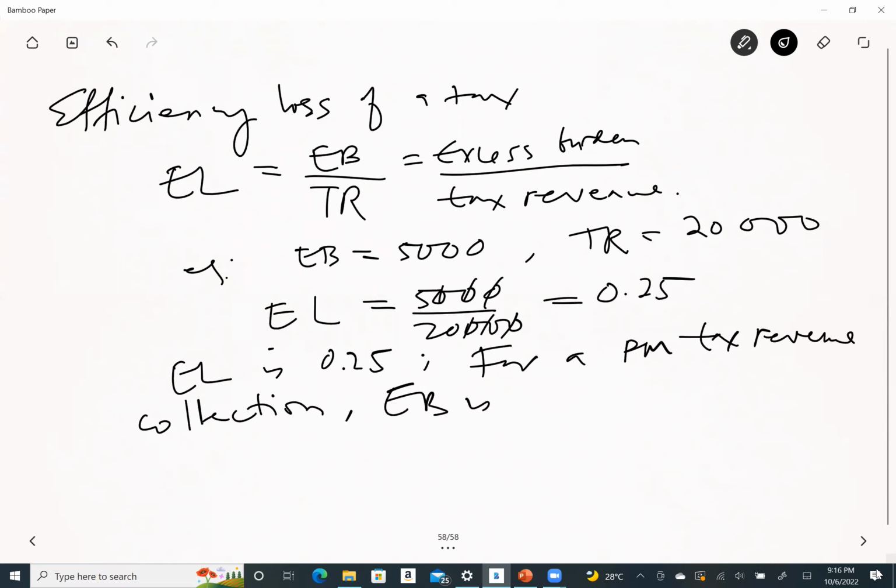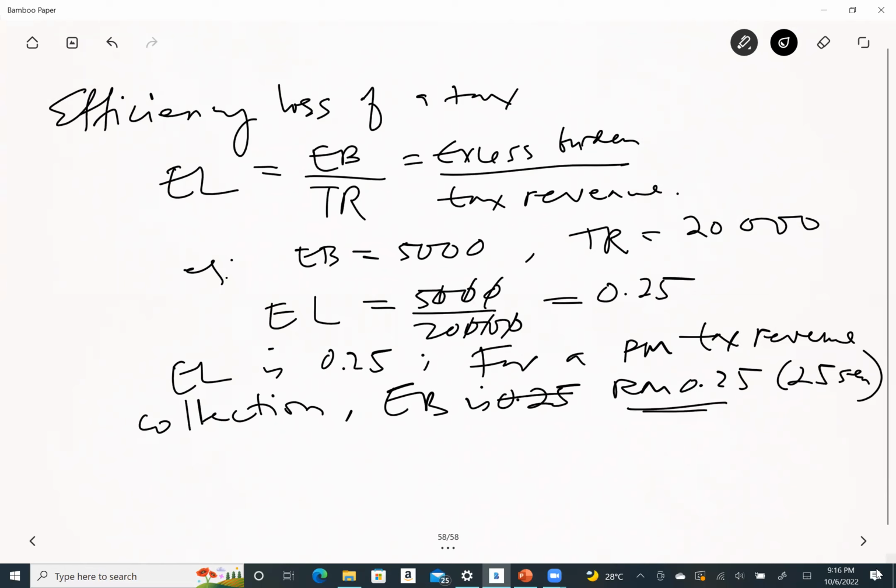Excess burden is 25 cents, 0.25 RM. So I write 0.25 RM or 25 cents. So for every RM of tax revenue that the government collects, excess burden is 25 cents. All right. So that is what we mean by the efficiency loss ratio.